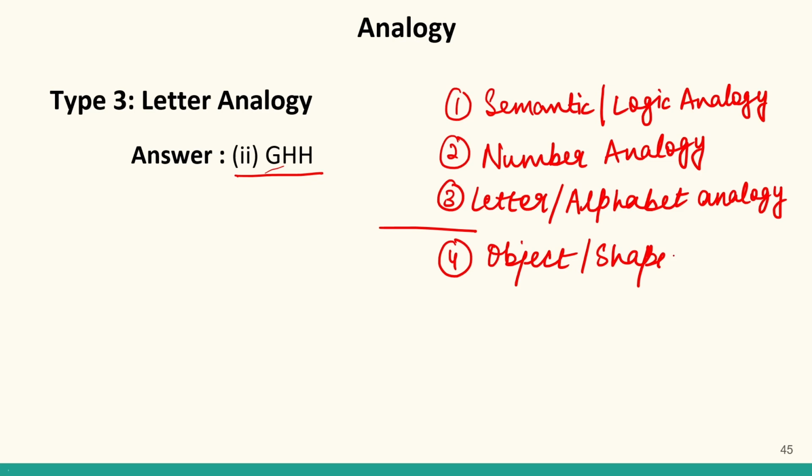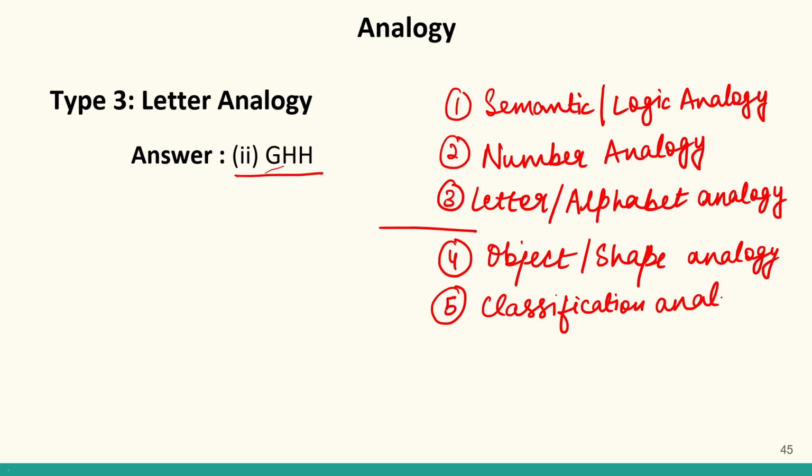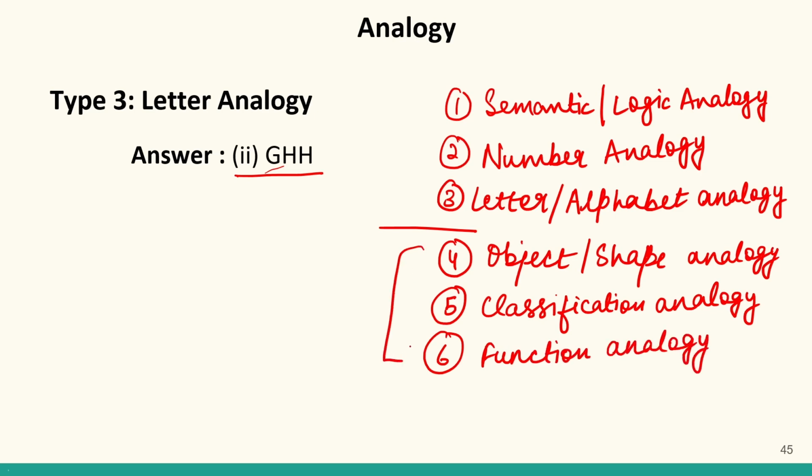This we'll discuss in detail. Then classification or group, or category analogy. This we will discuss in detail. And we'll discuss function analogy as well. So all the remaining three types will be discussed in the next lecture.